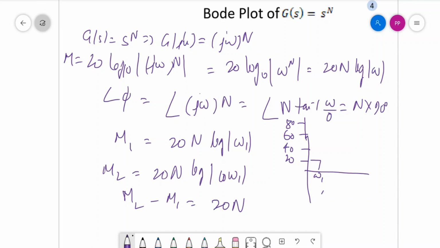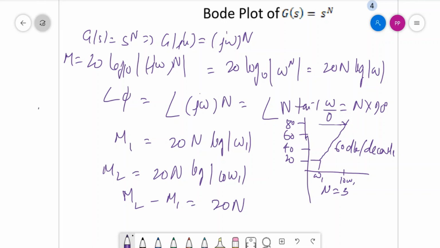For n equals 3, at 10 omega 1 you will have 80. So the plot will be exactly a constant 60 decibels per decade. That is how we can draw the magnitude plot, and the phase plot will be simple.